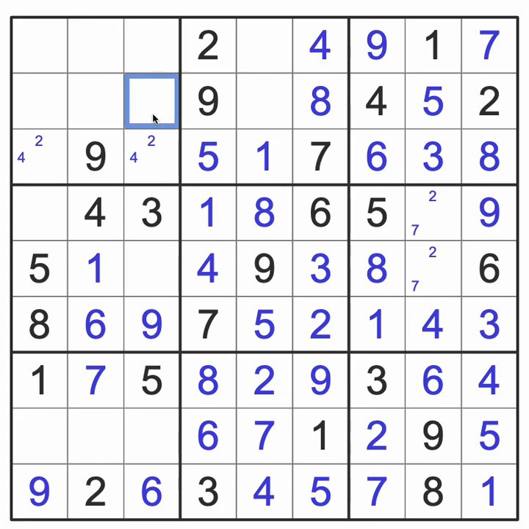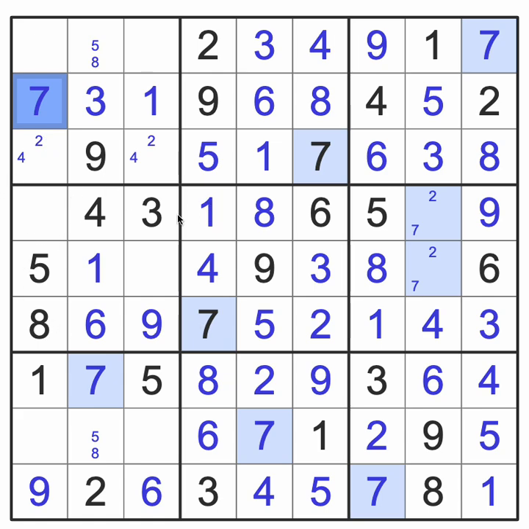So that gives me 1 here. And this will be 3, 5, 8. 5 and 8 block this cell, gives me 3. That gives me 3 here, which makes this cell 6. And that makes this cell 7.